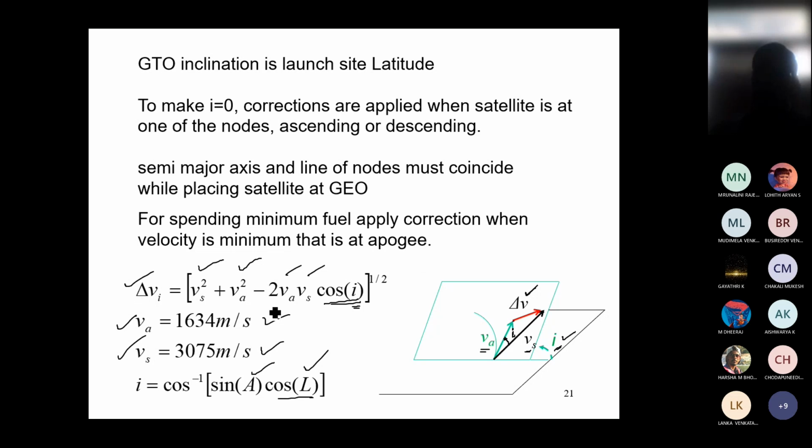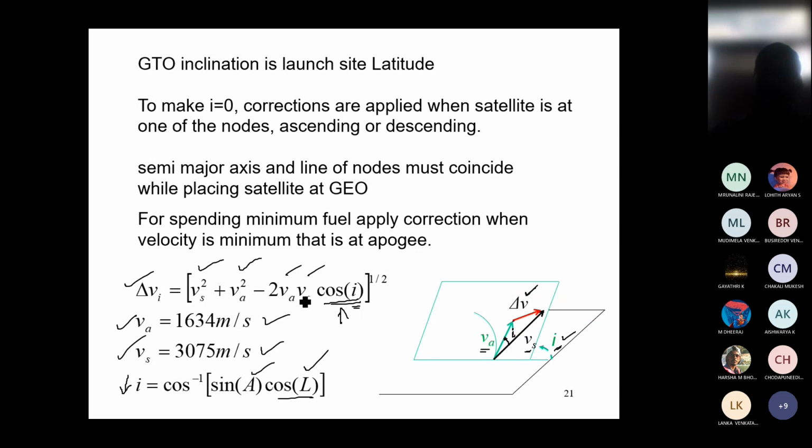Okay. So we should try to minimize this del V vector, this del V should be as low as possible. That means I should be low, then only del V will be less. For example, if you see this expression, as I said, when the I value is less, cos of I will be more.